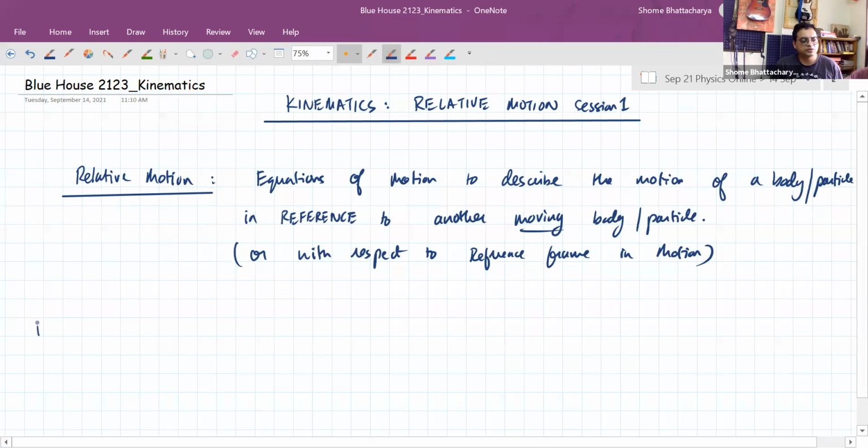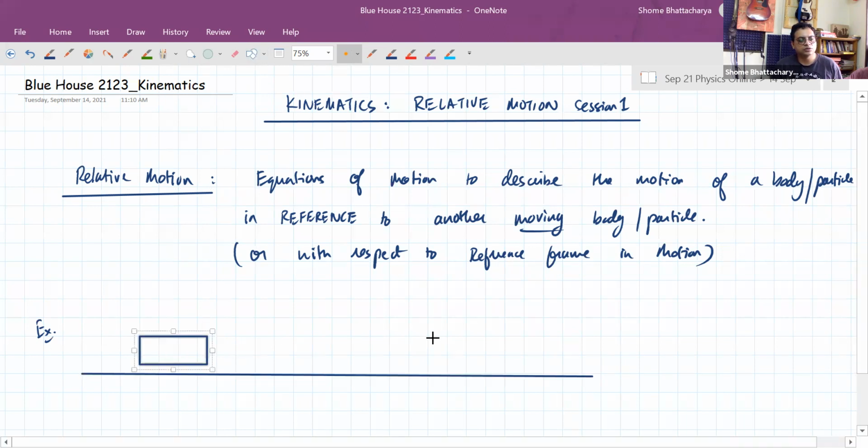A very simple example of that is, if you consider a situation like this, that on a road there are two vehicles which are moving opposite to each other. Let's say this one is moving at a speed of 5 meters per second, and this one is moving like this at a speed of 3 meters per second.